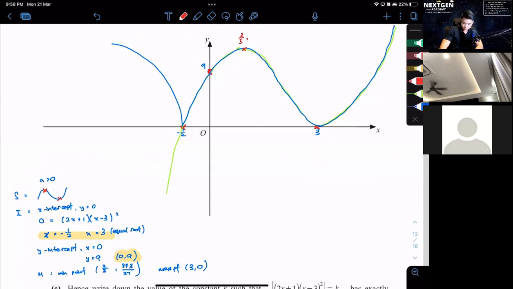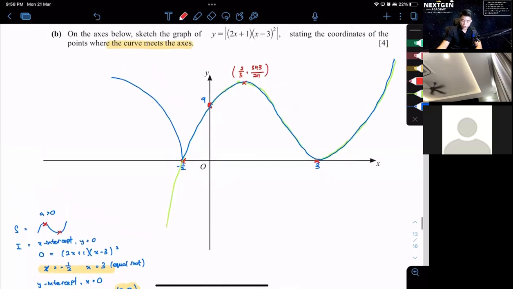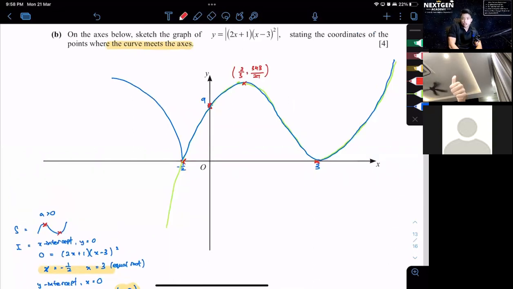So 2/3 and 343/27. Everyone clear how to sketch this? This is a 4-mark question already. So 4 marks. Shape will be 1 mark, or is it 2 marks? I also forgot already.